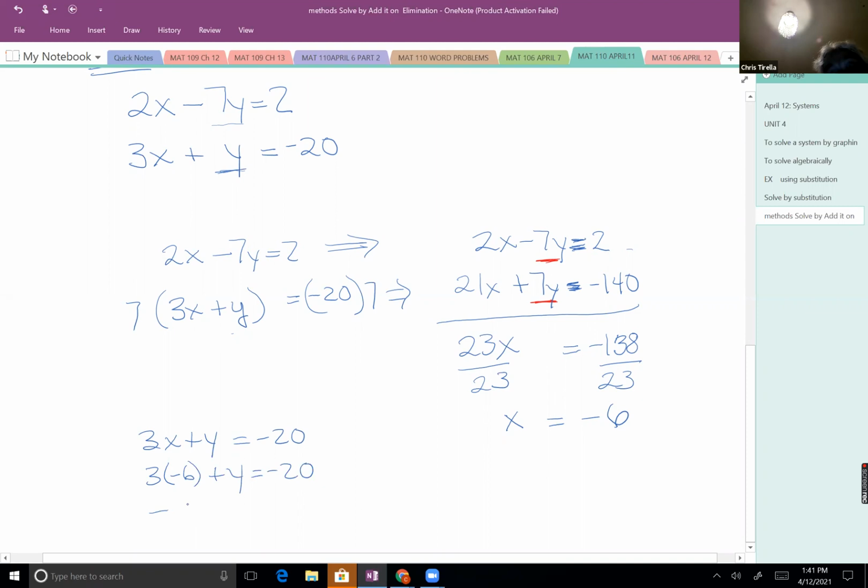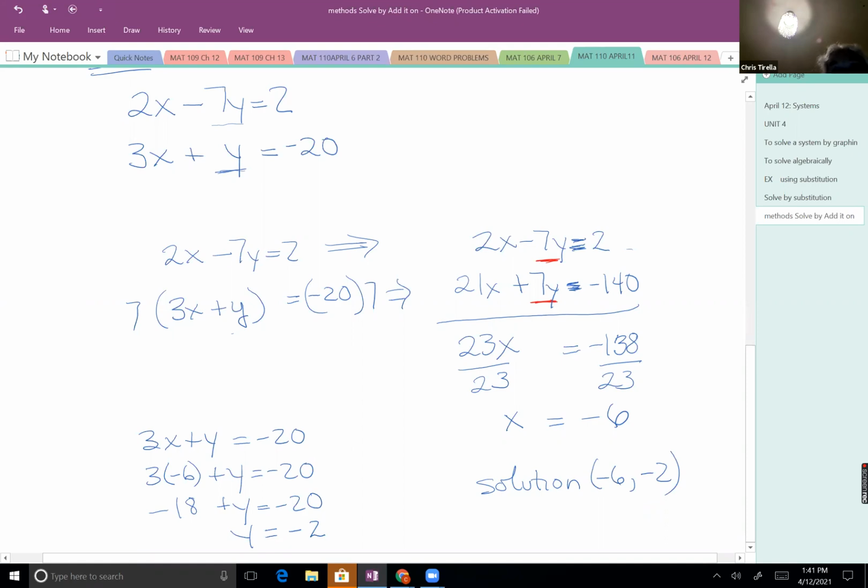Gives me negative 18 plus y is negative 20. And adding, I get y is negative 2. So my solution is the point negative 6, negative 2.